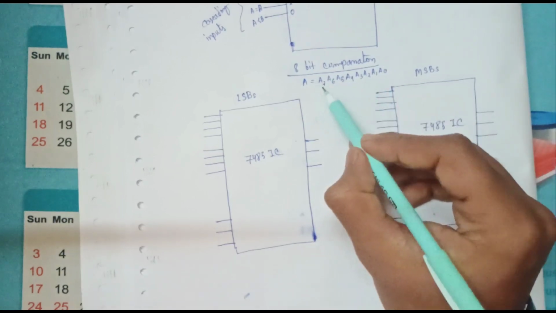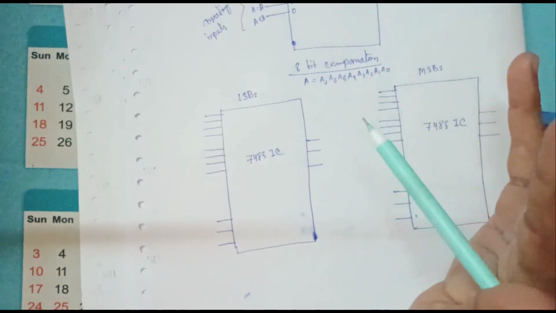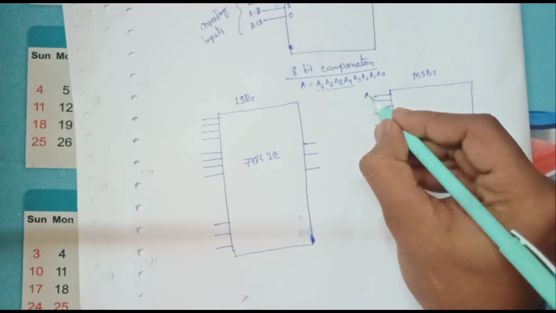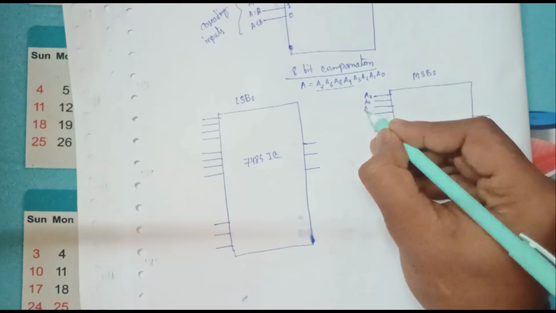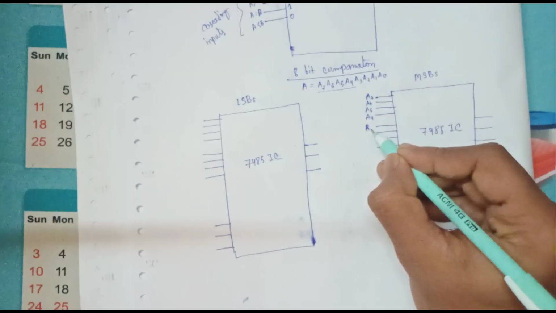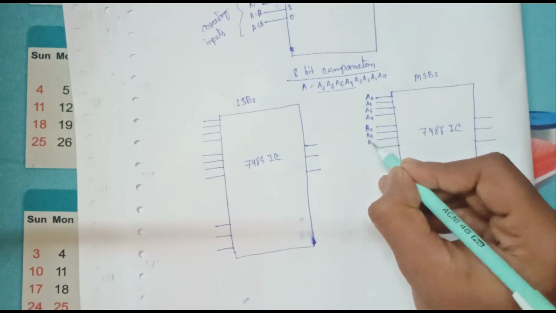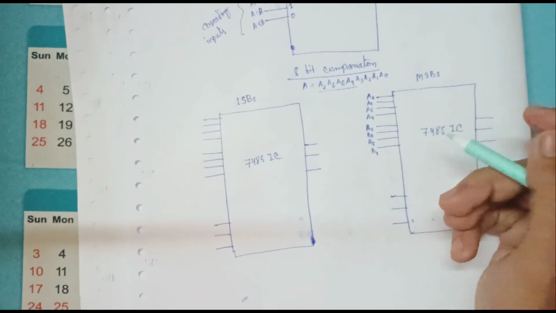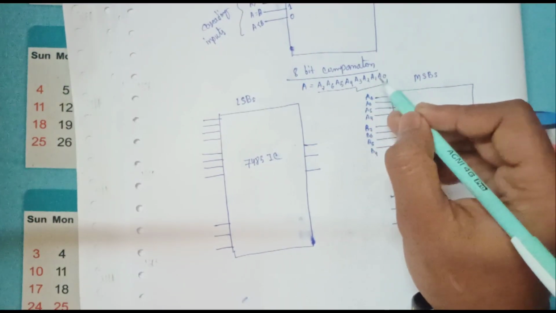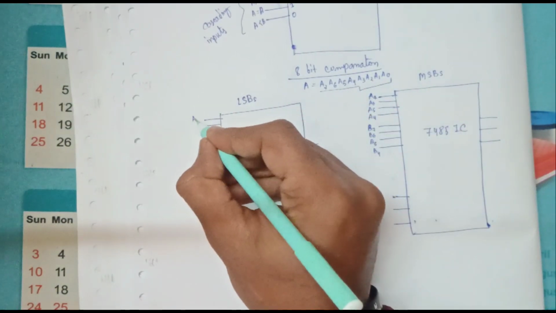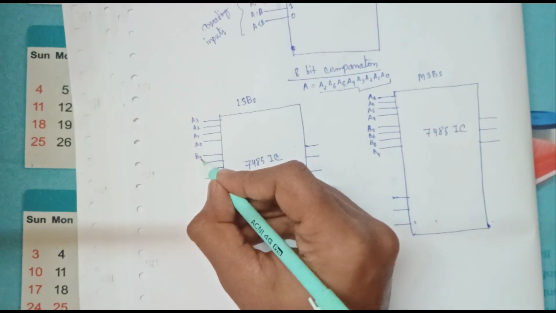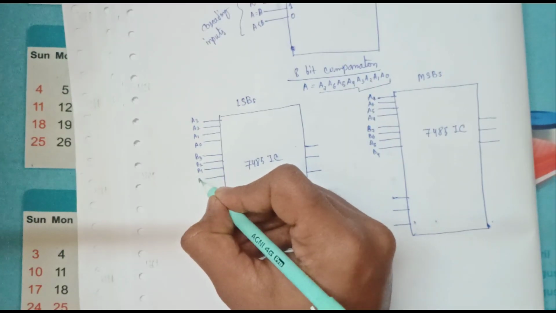So the four most significant bits of A are A7, A6, A5, A4, right? And for B also, it will be B7, B6, B5 and B4. And the least significant bits are the last 4 bits, A3, A2, A1, A0 and B3, B2, B1, B0.